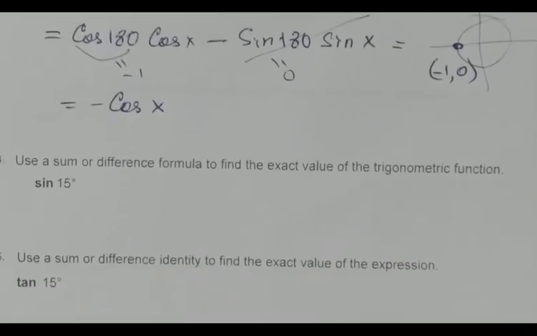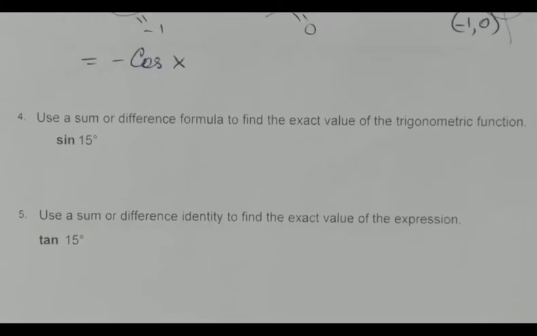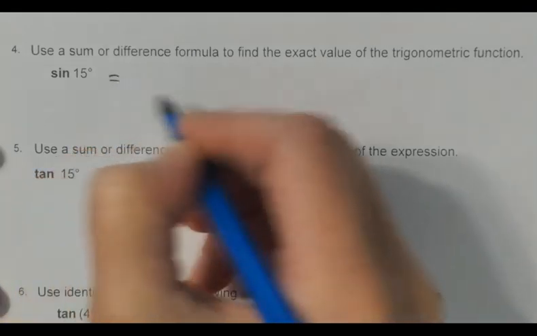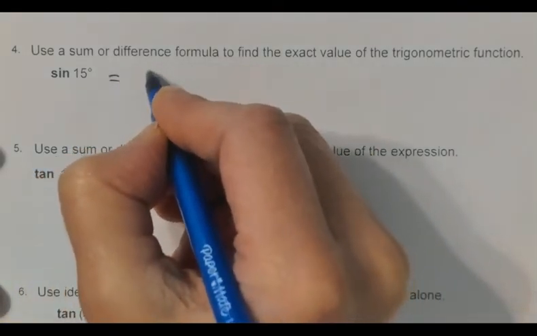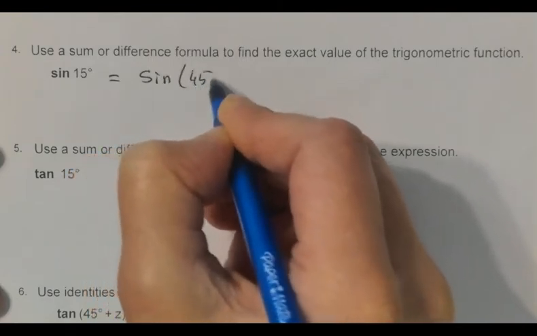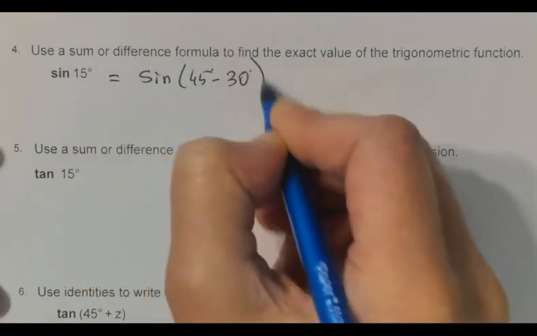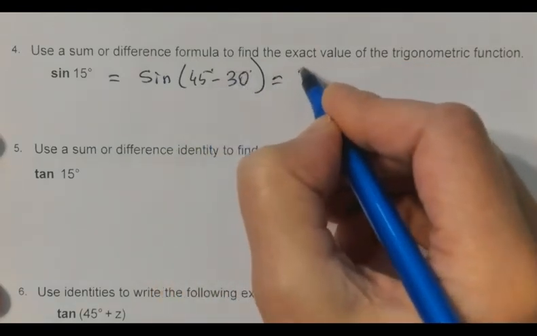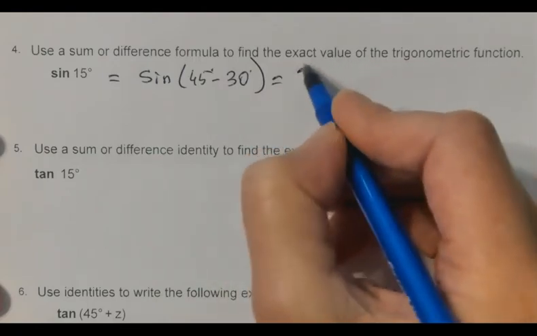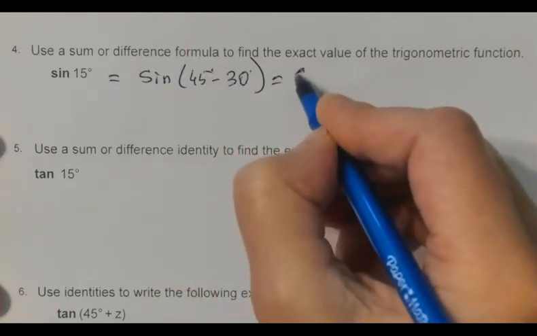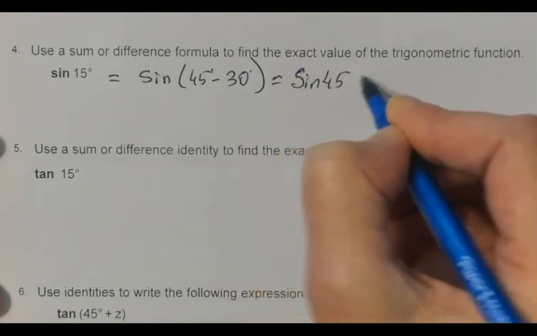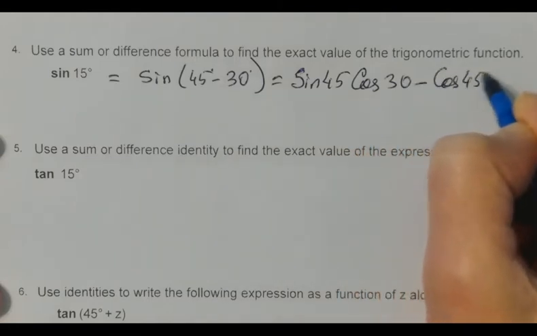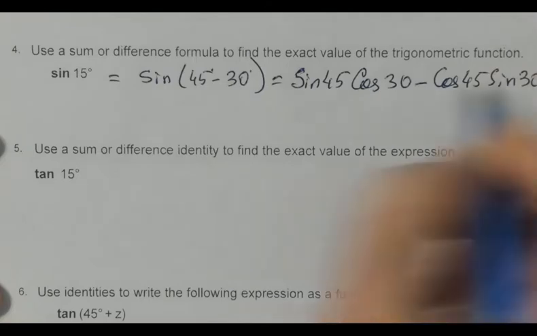Use the sum or difference formula to find the value of sine of 15 degrees. So now 15 can be represented as the difference 45 minus 30 degrees. For the sine of a difference, we have the product of sine times cosine, and the same difference sign: sine of 45 times cosine of 30, minus cosine of 45 times sine of 30.